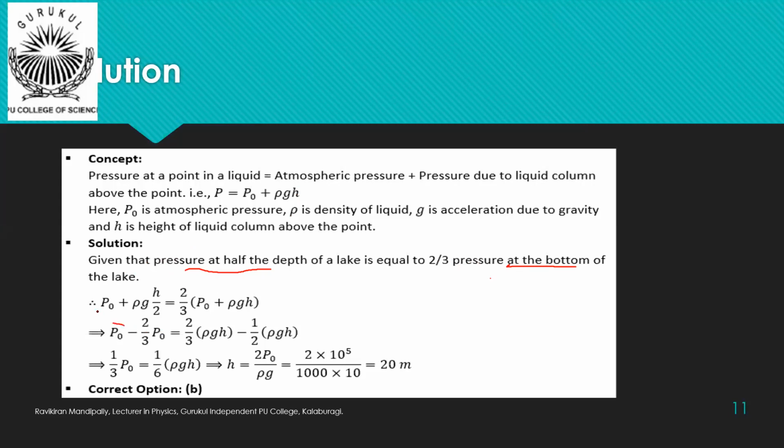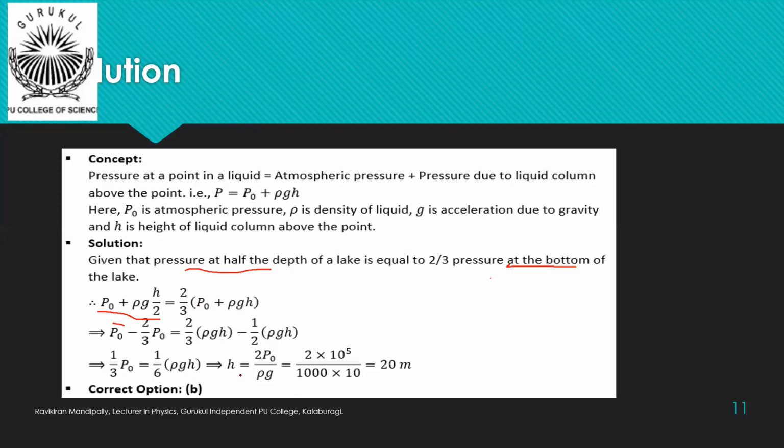So P naught, the atmospheric pressure, plus rho g h by 2 is equal to 2/3 times P naught plus rho g h. Now writing P naught terms on one side and rho g h terms on the other side, we get this relation: P naught minus 2/3 P naught is equal to 2/3 rho g h minus half rho g h. Then we get 1/3 P naught is equal to 1/6 rho g h.